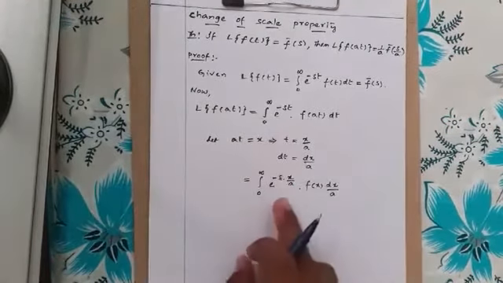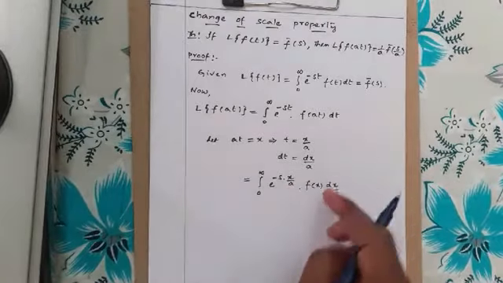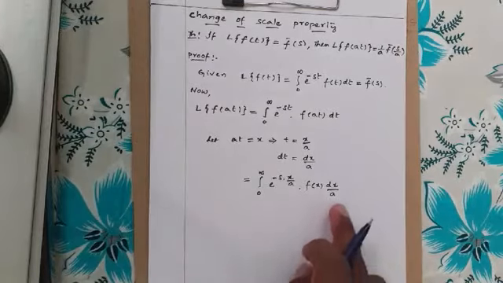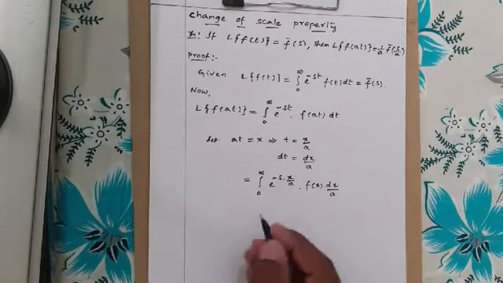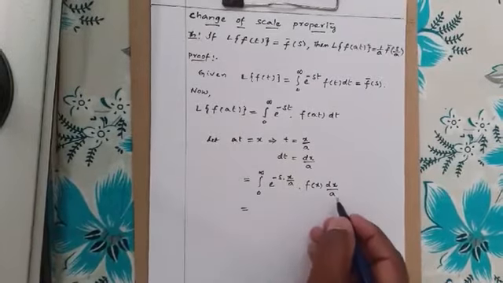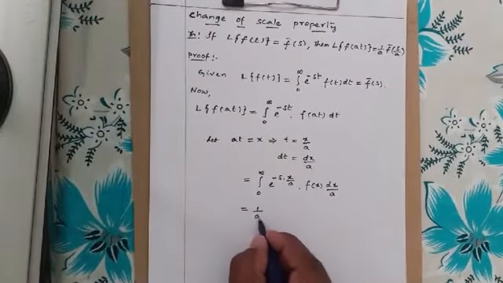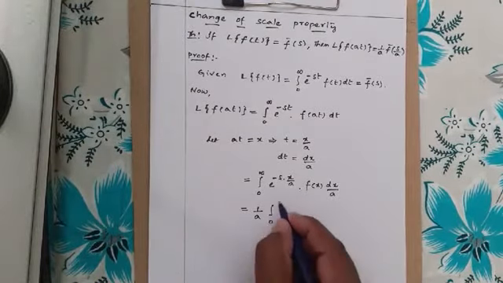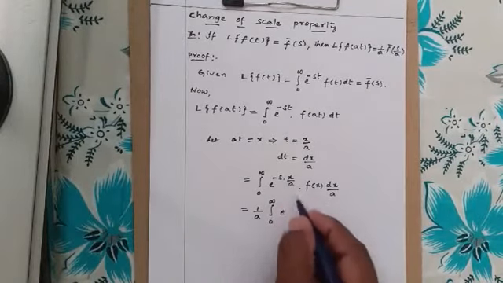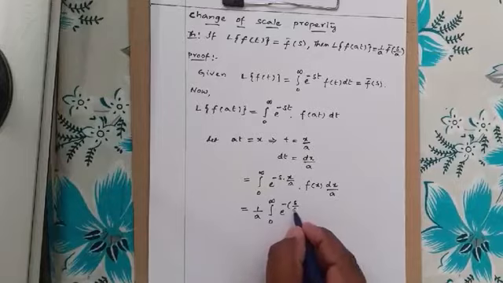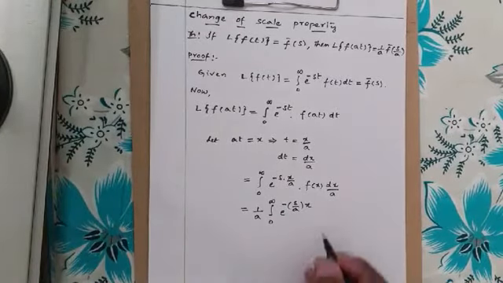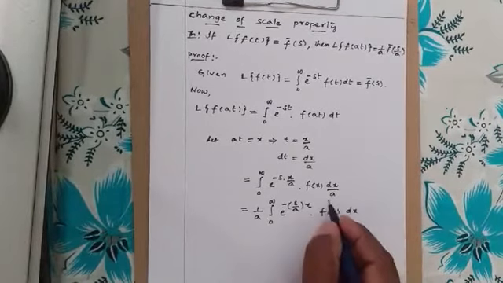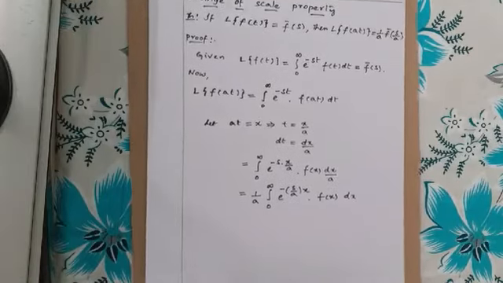So here in the place of t we have substituted x by a, in the place of at we have substituted x because we have taken at is equal to x. Then in the place of dt we are substituting dx by a. Now I can take 1 by a outside. Then integral 0 to infinity e power minus s by a into x into f of x dx.